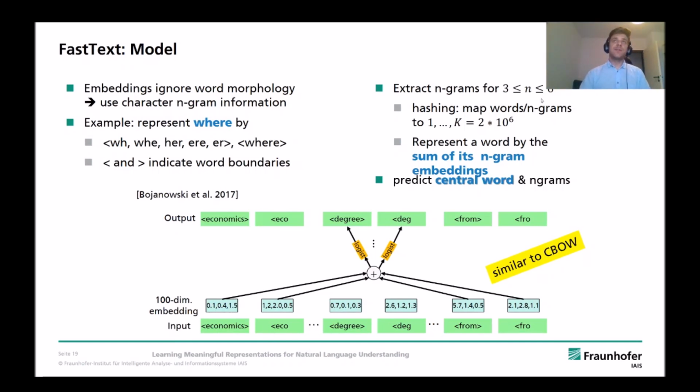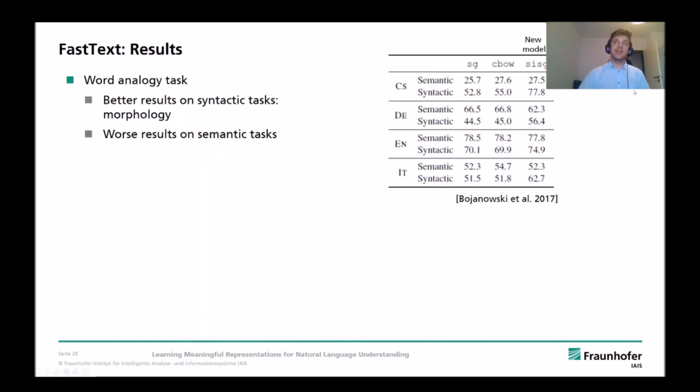Now, the results of FastText show that it performs as good as Word2Vec if we have semantic analogy questions, such as man to king is as woman to queen, and it performs way better in most of the syntactic questions, such as run to running is as walk to walking.